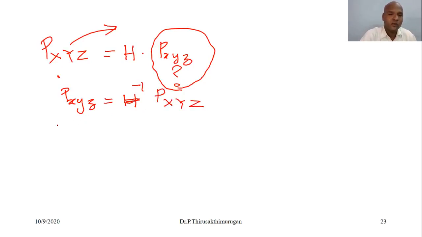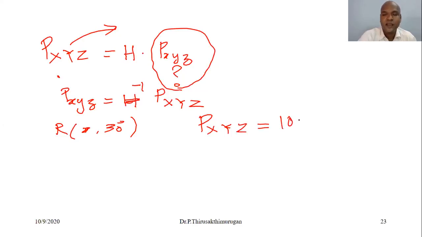Suppose a robot frame rotates about the x-axis by an angle of 30 degrees. Are you hearing? Hello? Yes, sir. Yes, okay. The coordinate point P capital X, capital Y, capital Z is, say, 10I plus 20J plus 15K, assume.